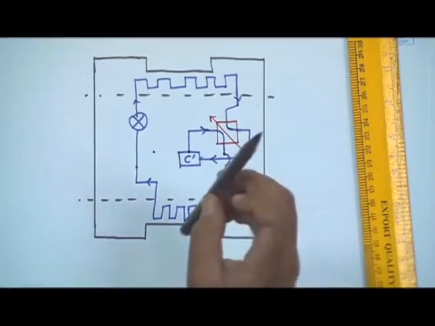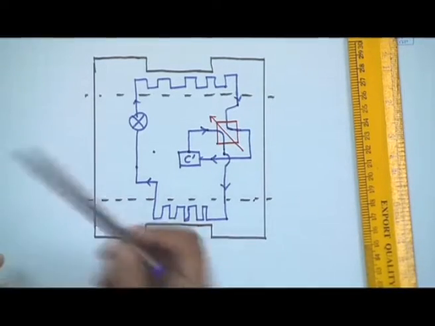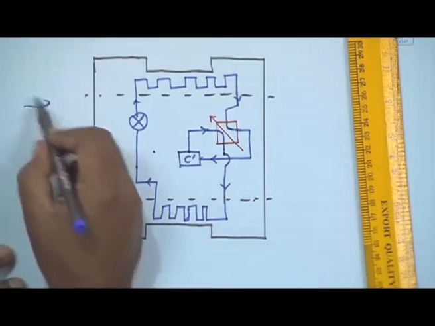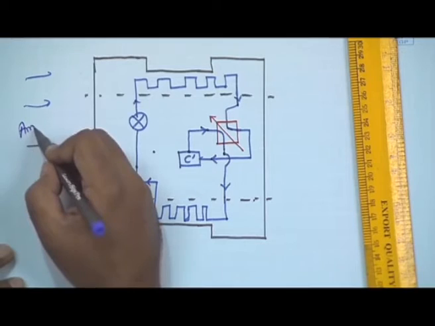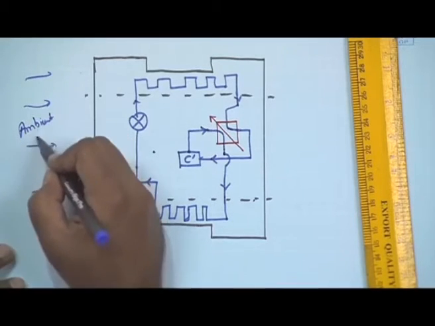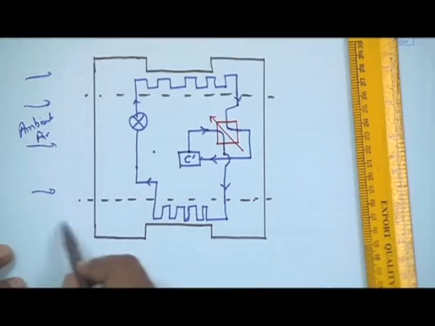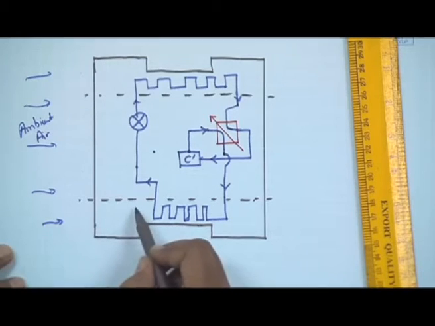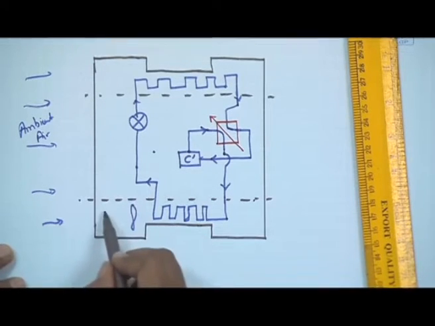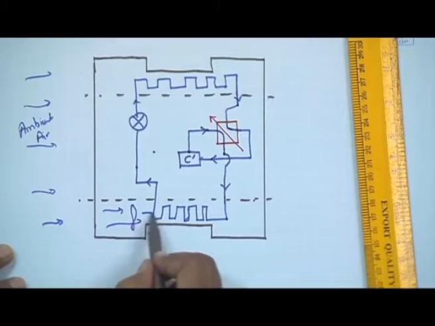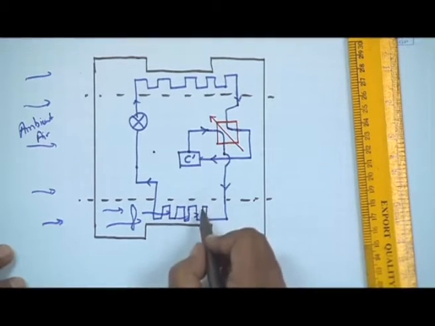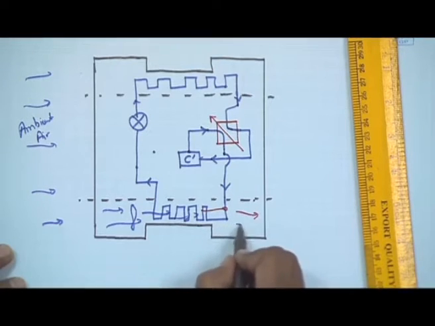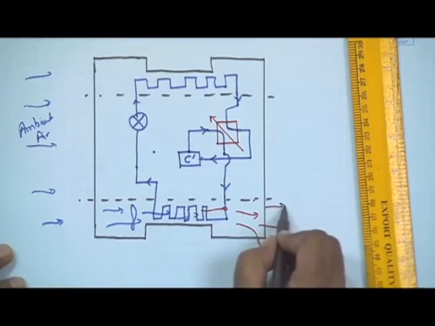During winter my outlet temperature is cold, so again let me draw a fan over here. But then what happens is this ambient air starts getting heated and comes out like this.